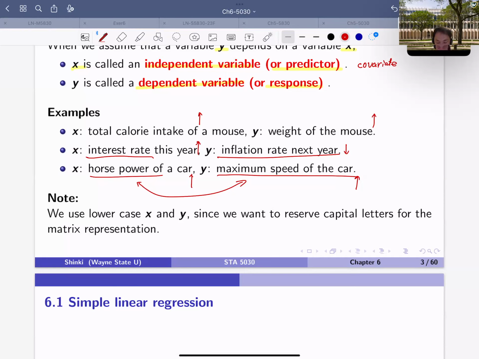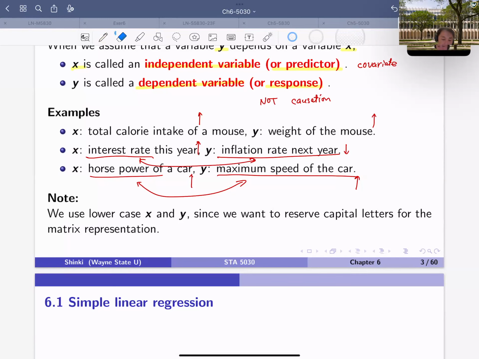Usually maximum speed is easier to observe, so if we flip x and y, it makes sense. Again, this is not causation, just correlation. So it is even possible to flip the relationship between x and y in the second example.